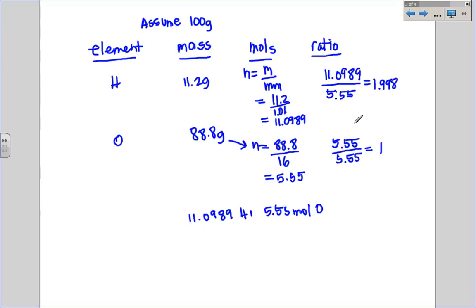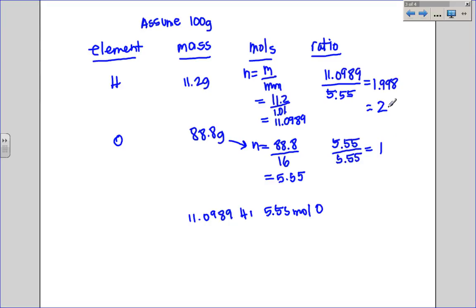So here, when we do this, now I can see that I've got a whole number ratio. Okay? I've shown you here, if you plug this number into your calculator, you're going to get 1.998. Okay? That you're able to round to 2.